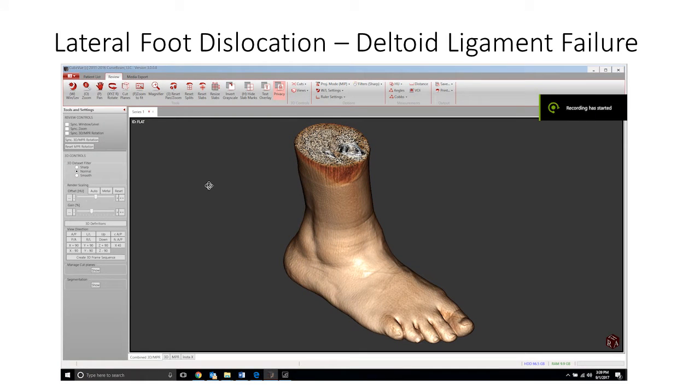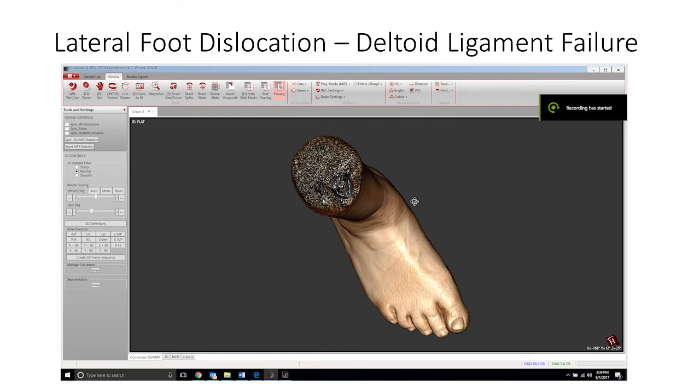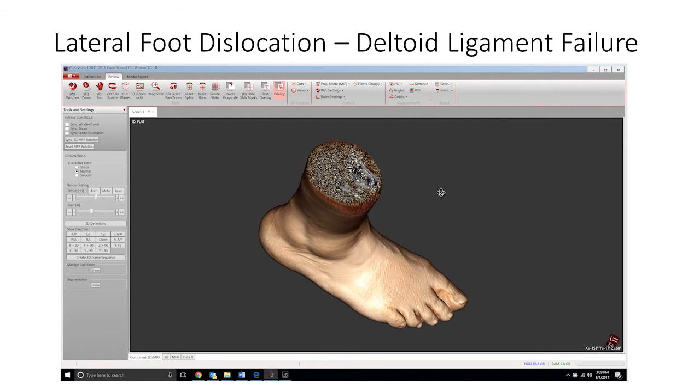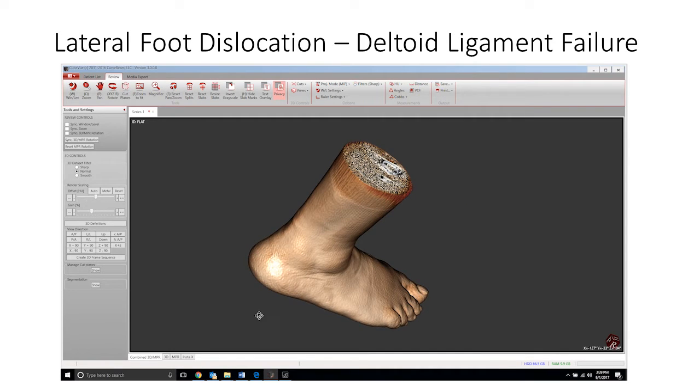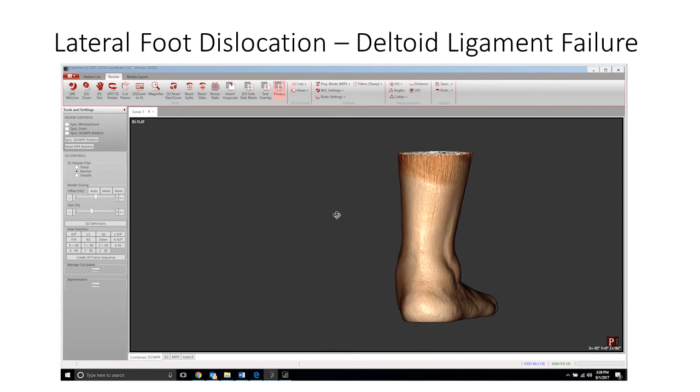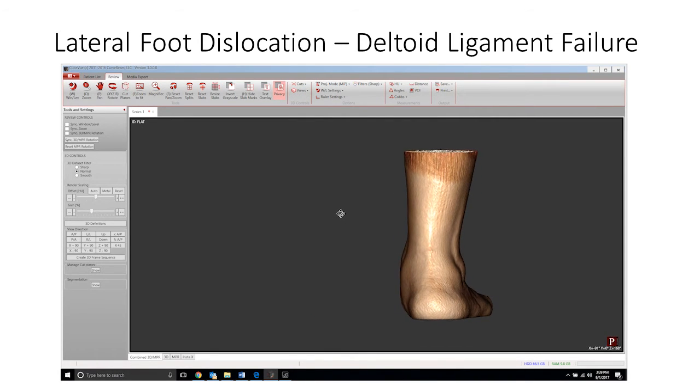When you take a look at this video of the three-dimensional rendering, you can see that the foot is lateral with respect to the weight line of the tibia, and that the weight of the tibia coming through the talus is actually outside the base of support. With these types of feet, you have hindfoot valgus, but you don't necessarily have forefoot abduction.